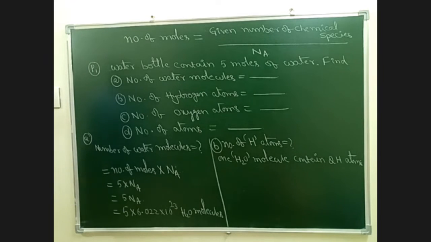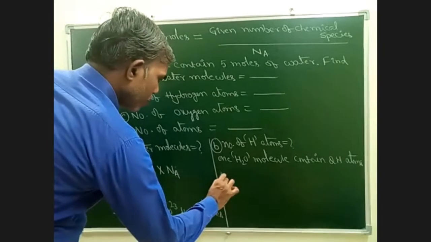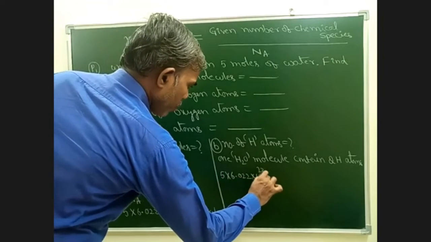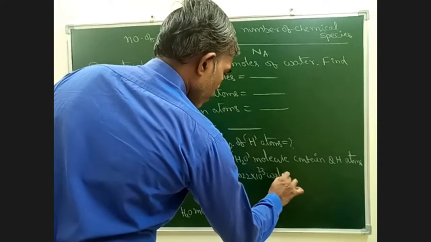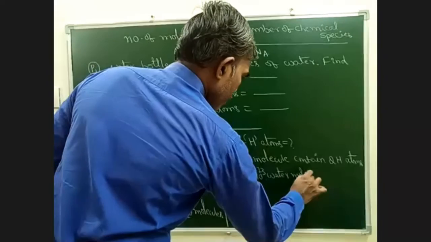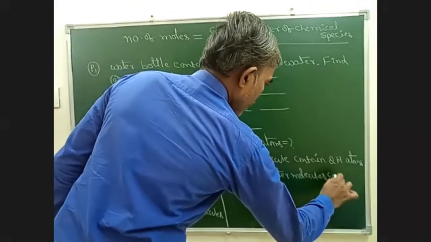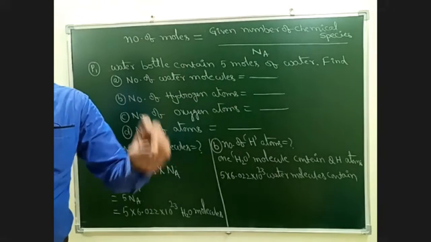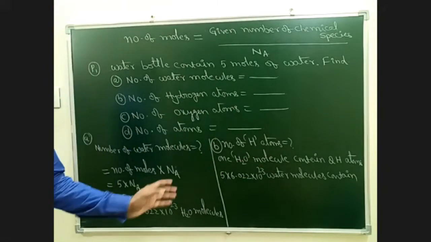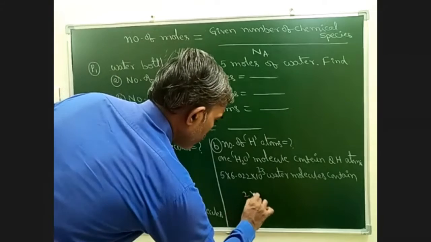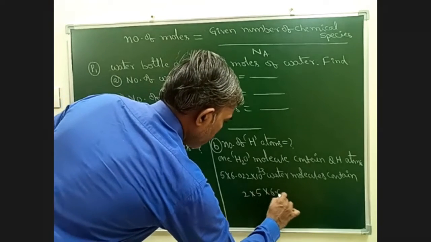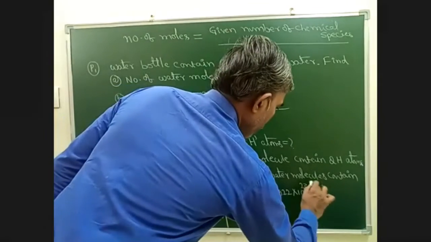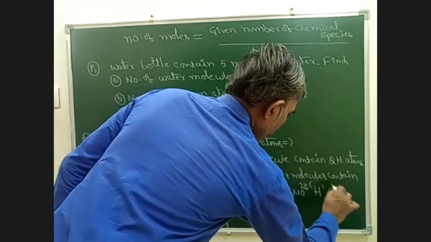Then this many water molecules, 5 into 6.022 into 10 power 23 water molecules, contain how many? One contains 2 hydrogen atoms, and this many contain 2 into 5 into 6.022 into 10 power 23 hydrogen atoms.